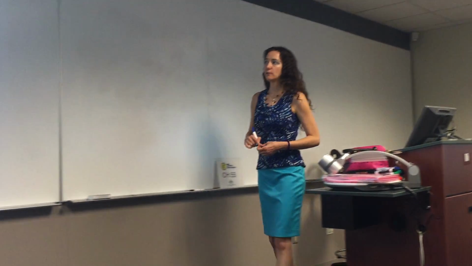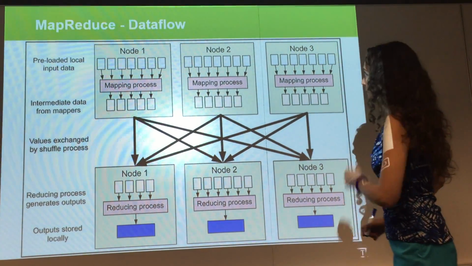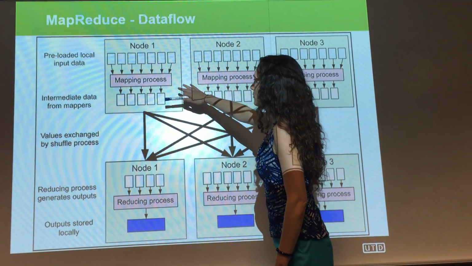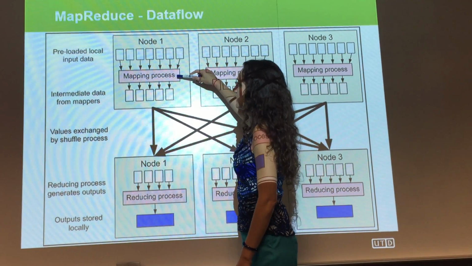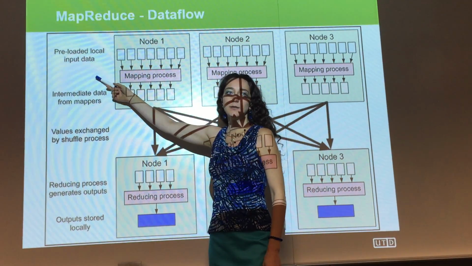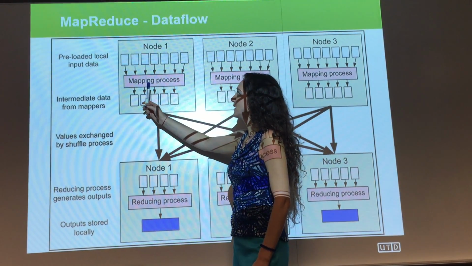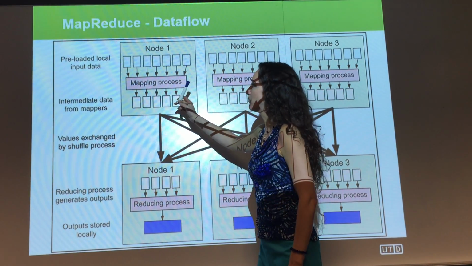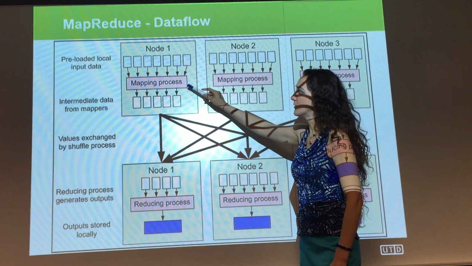Let's see how the data flow looks. So this is the first node. In the node we have mapping processes. We're going to take input data, and it will be divided into pieces called mappers.